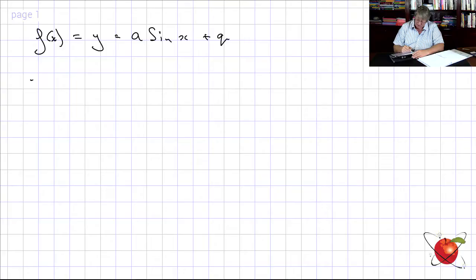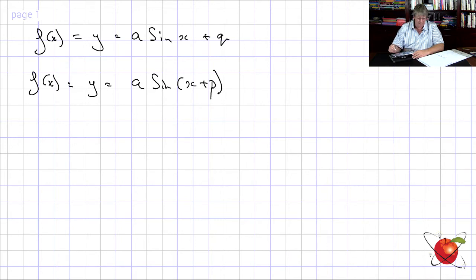Now we're going to bring in this dreaded p again. We're now going to change it to f of x equals y equals a sine of x plus p, plus q.